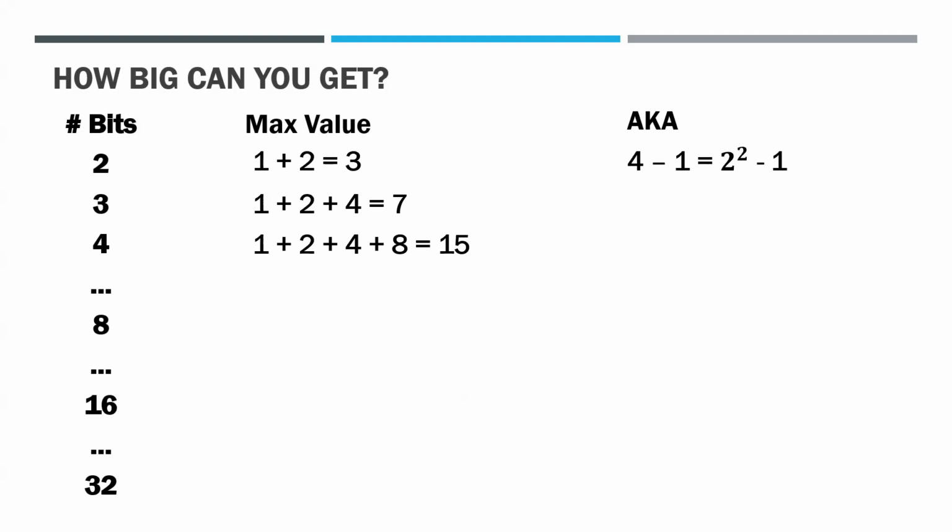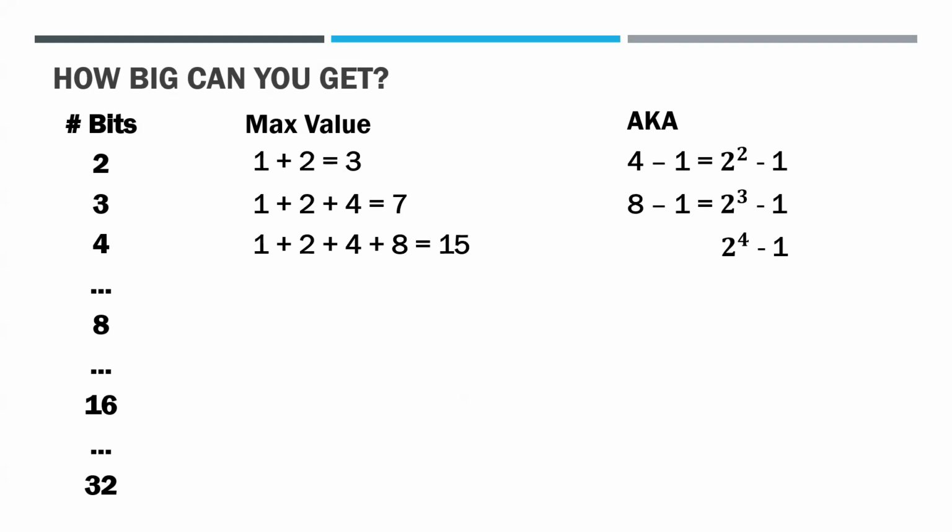You can probably guess where this is going, but let me be explicit. 7 is 8 minus 1. Now 8 is 2 to the third. So the biggest number you can represent with 3 bits is 2 to the third minus 1, which is 8 minus 1, or 7. Okay, and so 15 is 2 to the fourth minus 1.